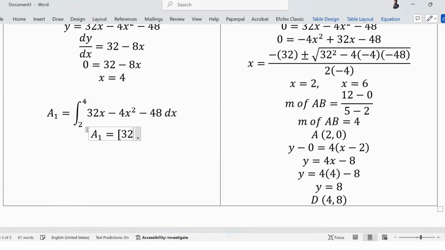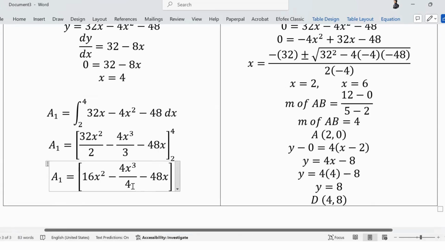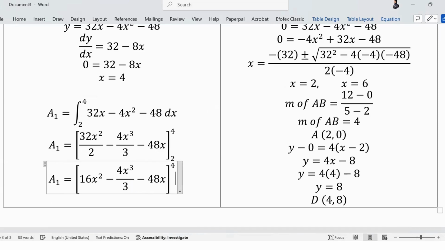Integrating, we get 32x²/2 - 4x³/3 - 48x, with upper limit 4 and lower limit 2. Let's simplify this to make calculator entry easier: 16x² - 4x³/3 - 48x. My bad, this has to be a cube.